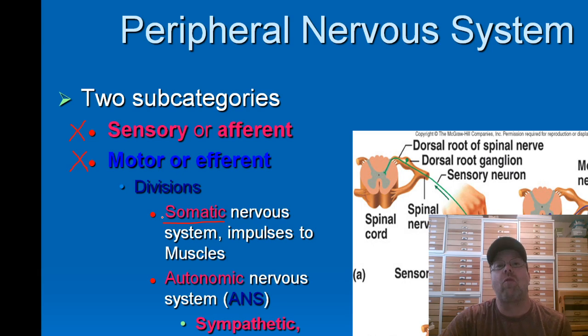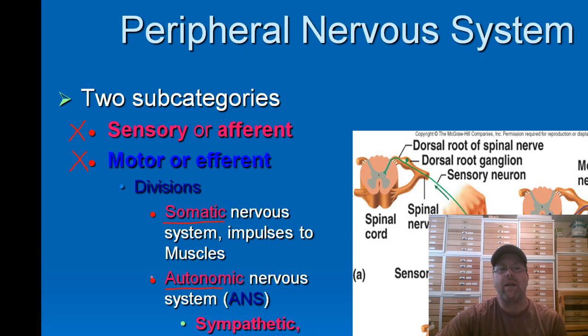We can control our somatic nervous system. So in other words, to wiggle your toes, you consciously send a signal to the muscles. That's somatic. Then we have autonomic. Autonomic is those activities that we do that we don't consciously think of, like breathing or heart rate.